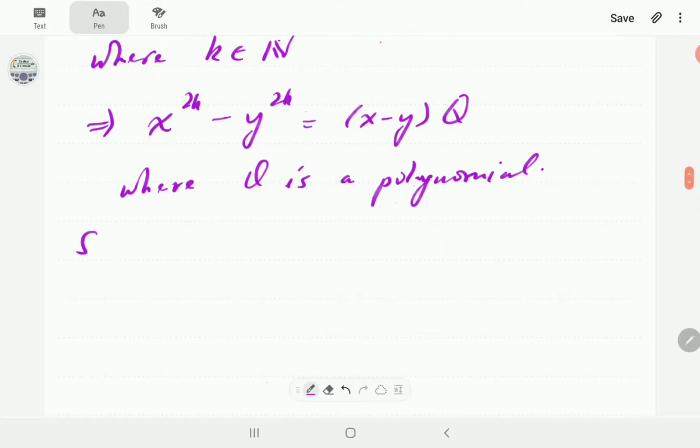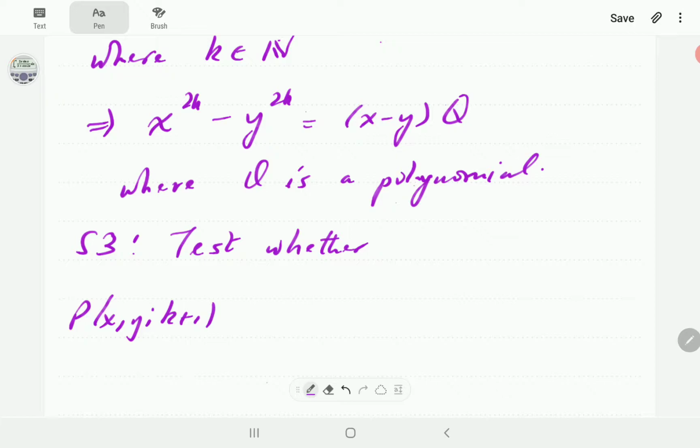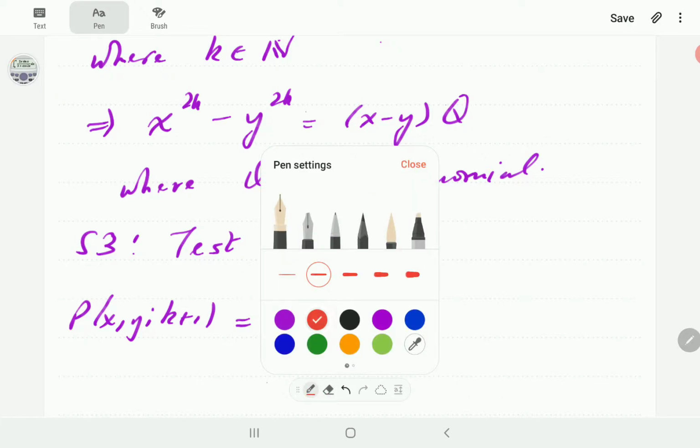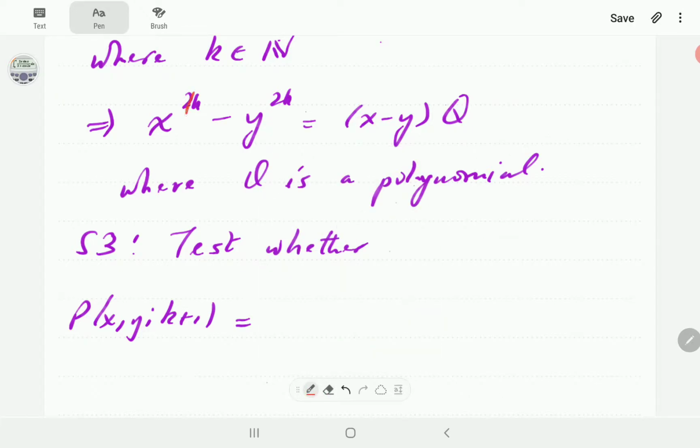Then in step number 3, we need to test whether P of x, y of k plus 1. So where there's k, we're going to plug in k plus 1. So there's k here, there's k there.